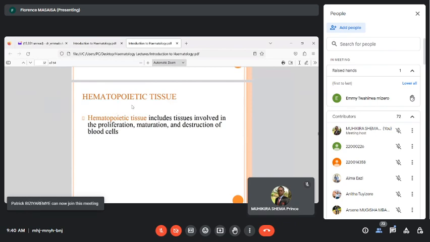We have tissues which are involved either in proliferation, maturation, or destruction of the cells. Those are called hematopoietic tissues. So who can guess what the hematopoietic tissues are? Any tissue involved in proliferation, maturation, or destruction. Anyone knows?